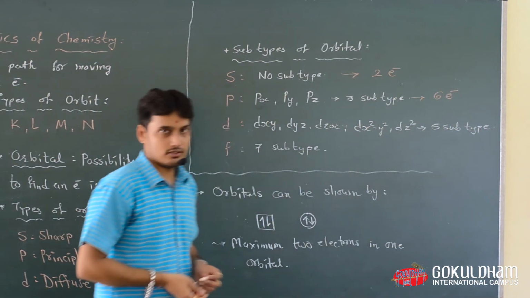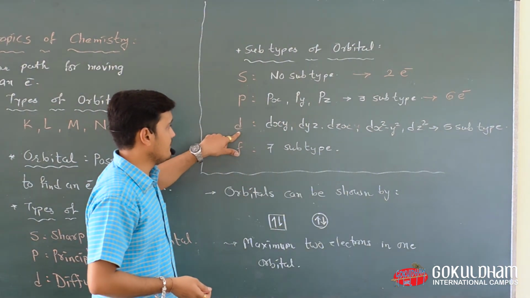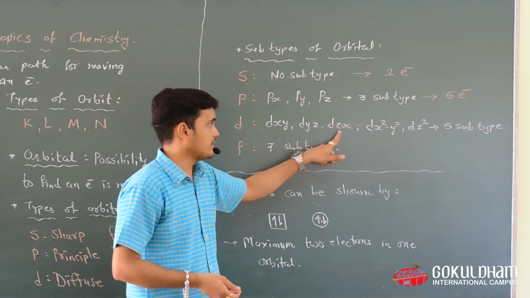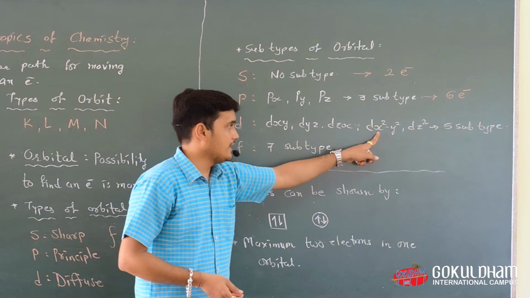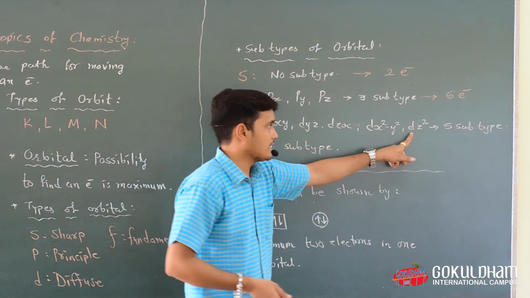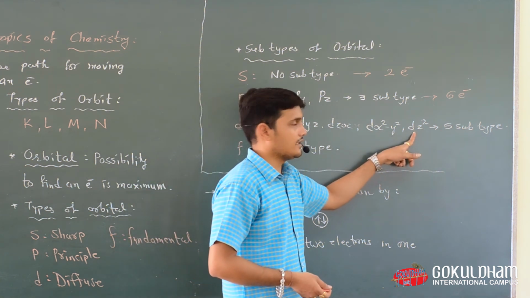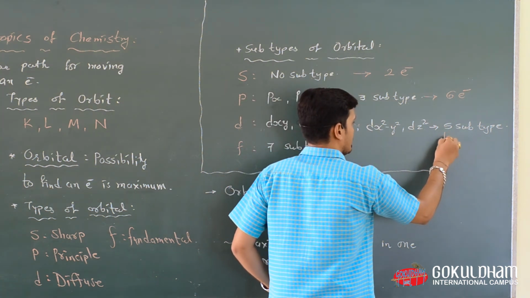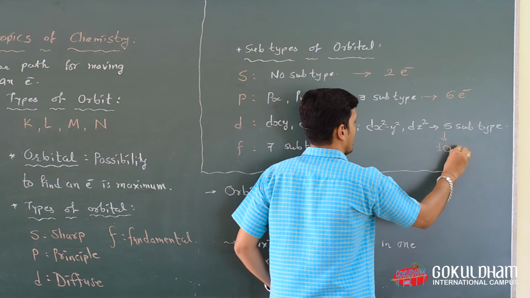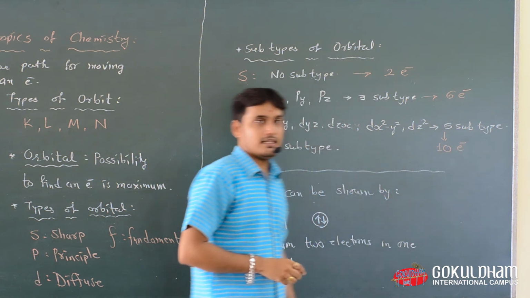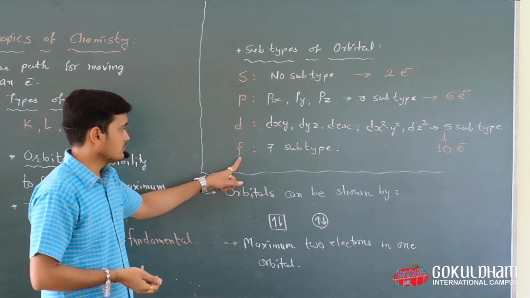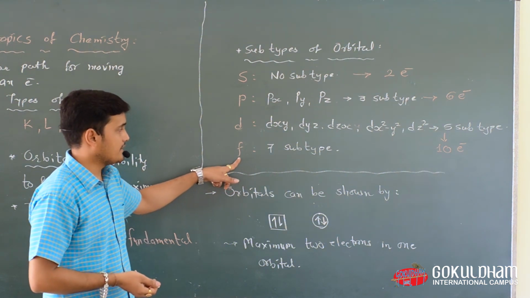6 electrons. In d, there are 5 main types: dxy, dyz, dzx, dx square minus y square, and the fifth one is dz square. 5 subtypes, that means you can maximum accommodate 10 electrons in d orbital. The fourth type is f.